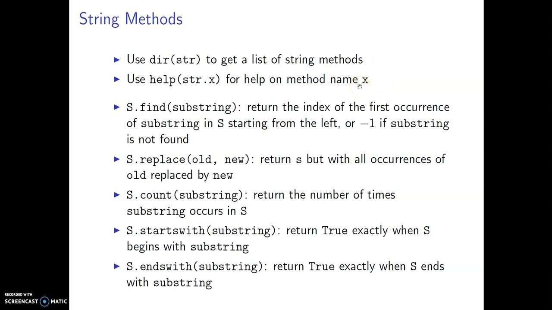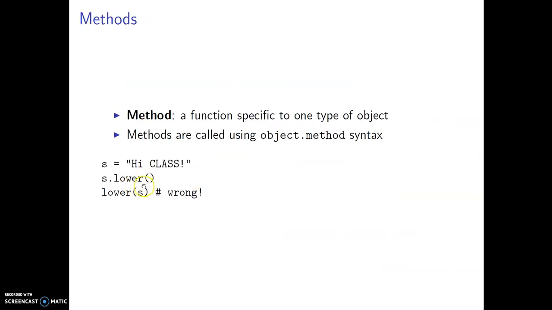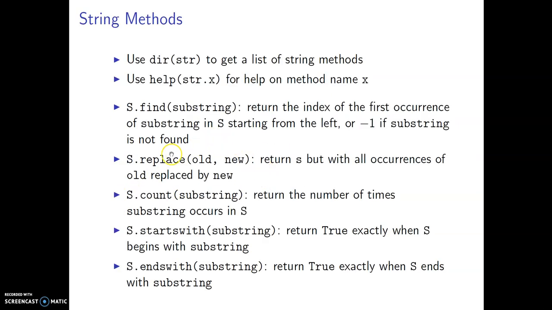So it could be, you know, lower, for example, or what we just saw. Then s.find will return the index of the first occurrence of the substring in S, starting from the left, or -1 if the substring is not found. All right, so just try that out if that doesn't make sense to you. It's a pretty simple thing though.